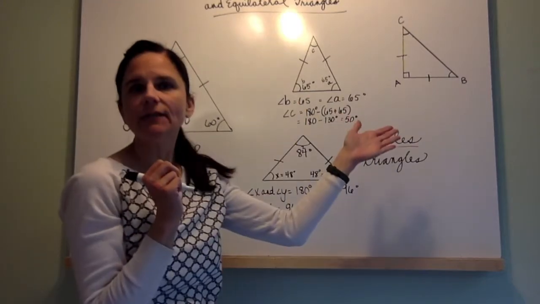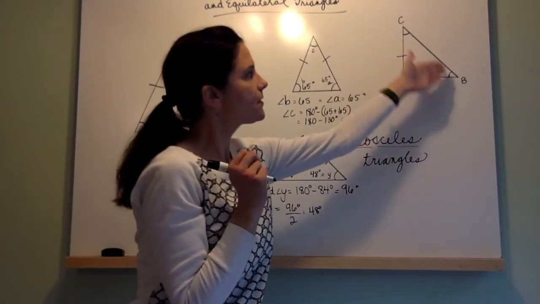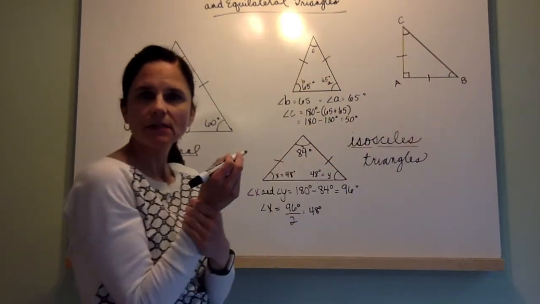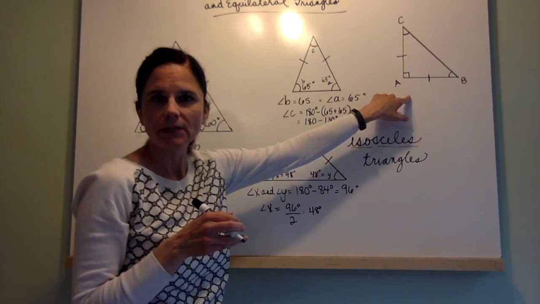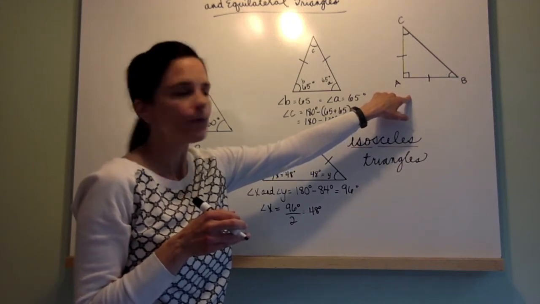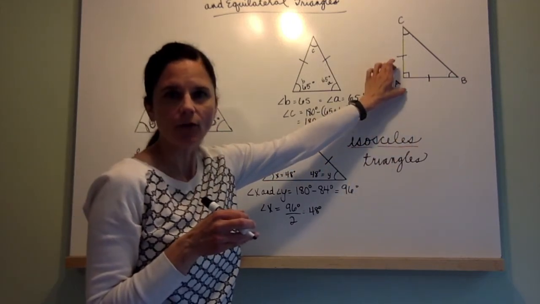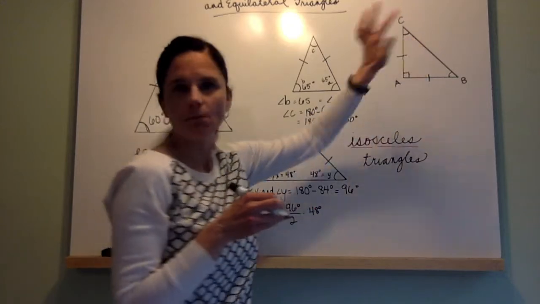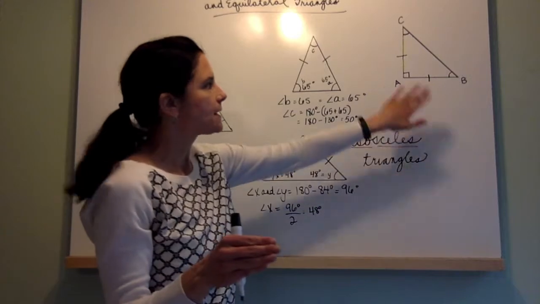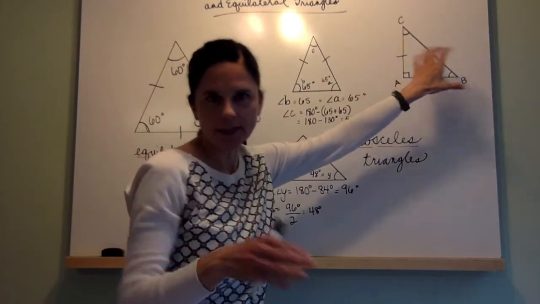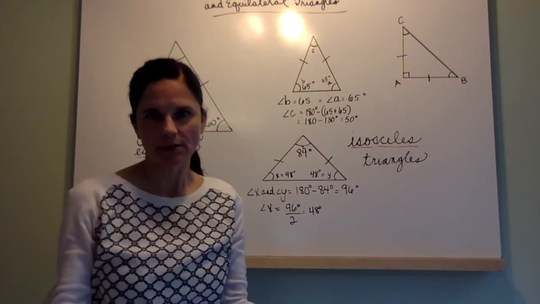Now, could I calculate the value of these two angles here between these opposite equal sides? I certainly could. Remember thinking back to the properties of a right triangle. We know that in a right triangle, the other two angles must add up to 90 degrees as well, because 90 degrees plus 90 degrees is equal to 180 degrees.